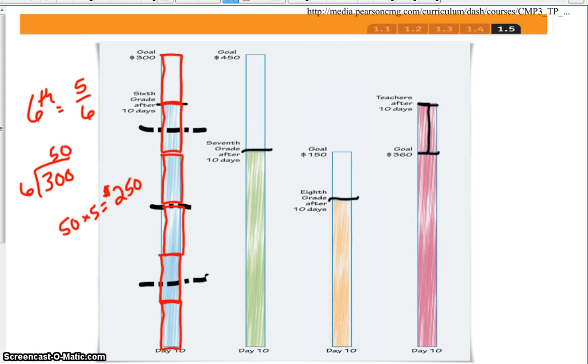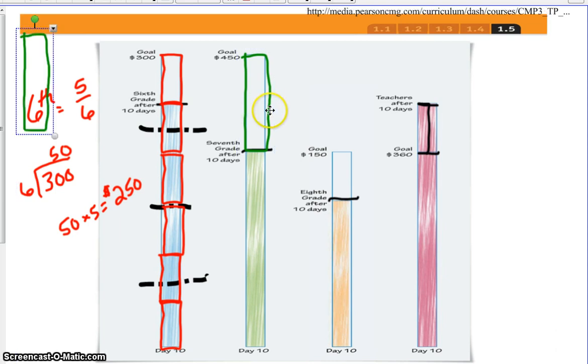So again, we're going to go with the similar process for 7th grade. Instead of cutting it into fraction parts, we're just going to outline the part of the thermometer or tape diagram that they didn't use, and we're going to copy it and then paste it a few times.